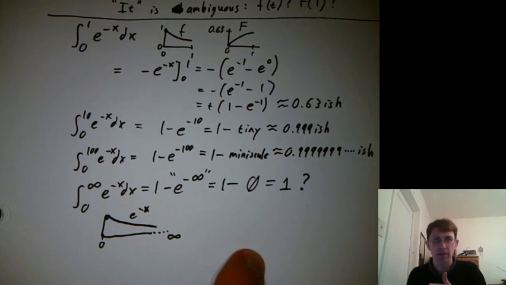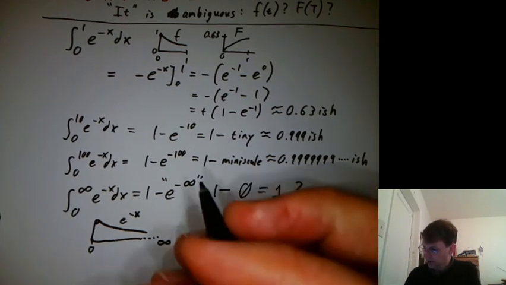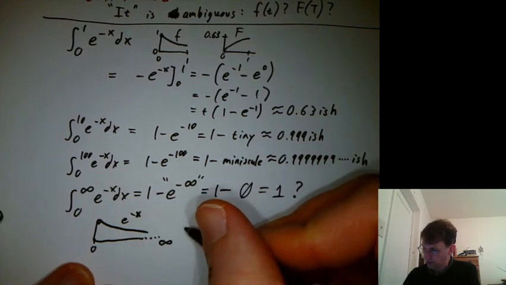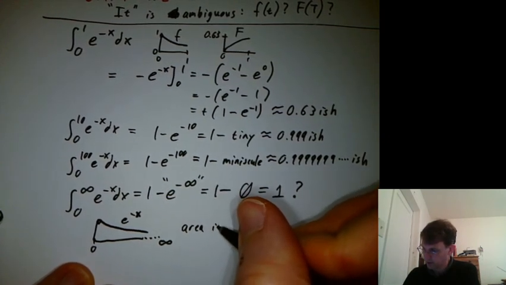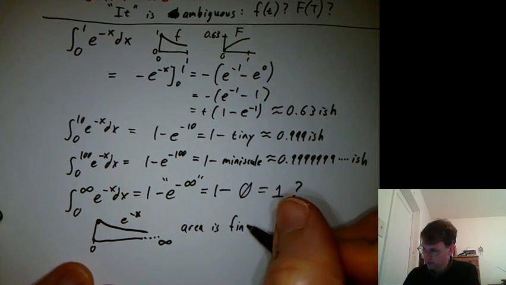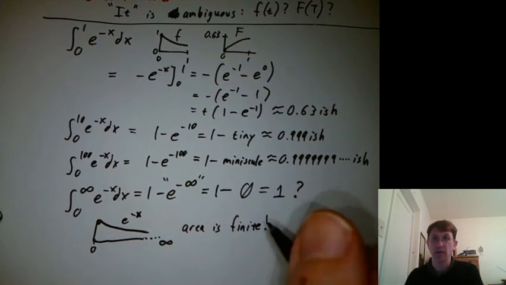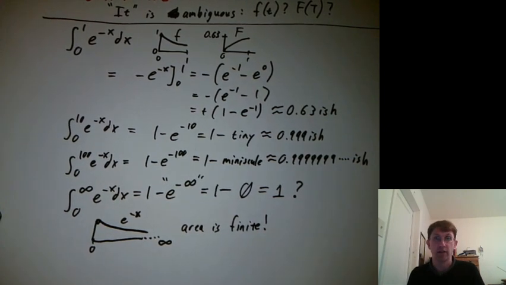Does that seem a little counterintuitive? That's okay, that's kind of what we're in calculus to learn, right? So that this total area, even though you're integrating to infinity, the area is not infinite. So let's go to the next. Next we'll do an actual definition and then another practice problem.